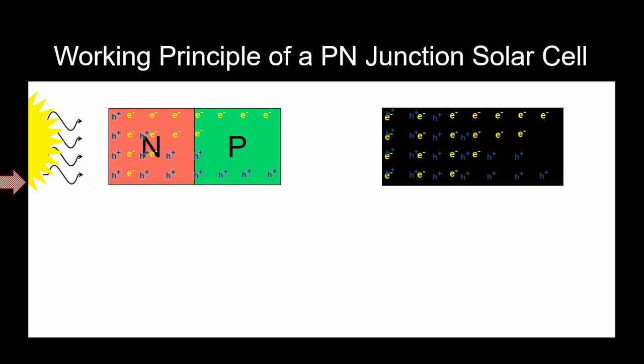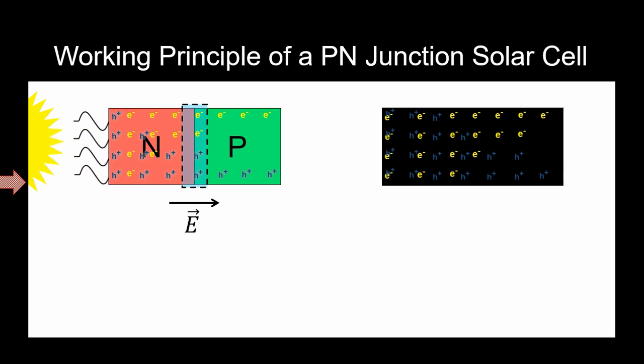However, in a PN junction diode, if you remember from our earlier video, it creates an electric field near the junction because it is depleted of the charge carriers and there are fixed charges which result in electric field.